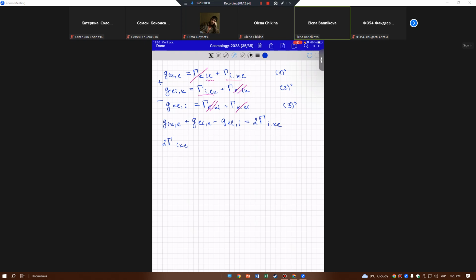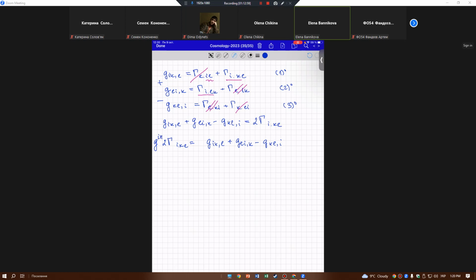I put it here just to remember that I come from the applying of this rule of lowering index, equal g_{IKL} plus g_{LIK} minus g_{KLI}. If I will apply here, so I will multiply the left and right side on g.